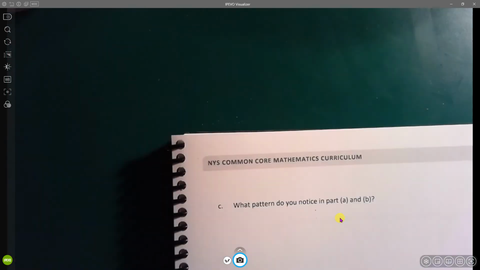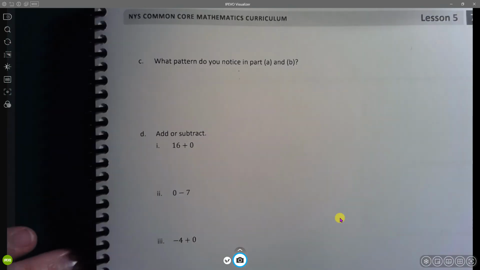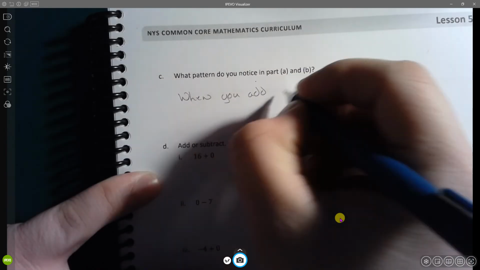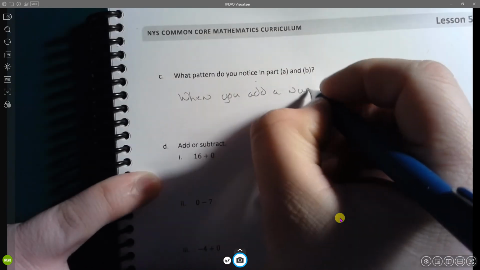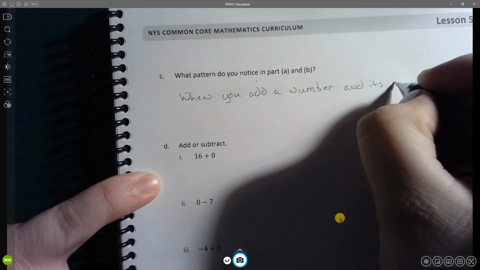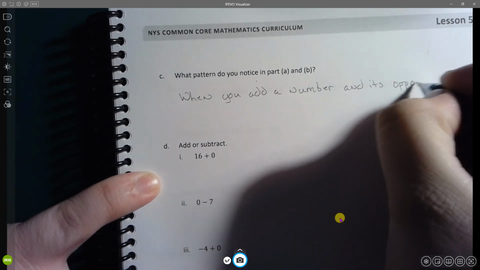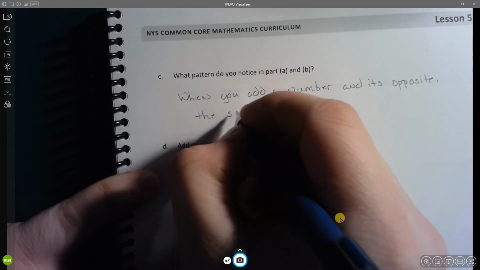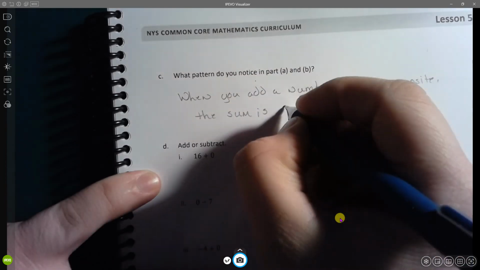Now, we have a very important question. What pattern do you notice in parts A and B? Parts A and B state that when you add a number and its opposite, the sum is 0.